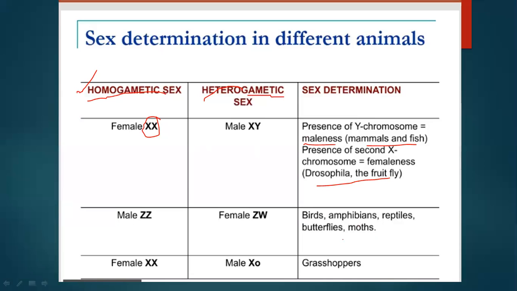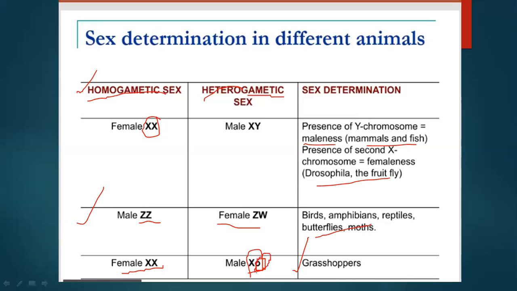Birds, amphibians, reptiles, butterflies, and moths have a pattern in which the male is homogametic, ZZ, and the female is heterogametic, having Z and W. In grasshoppers, the female is homogametic, both X and X, and the male is having X and zero, meaning they are not having the Y chromosome.